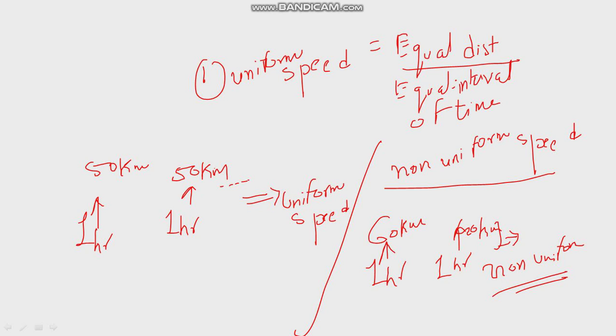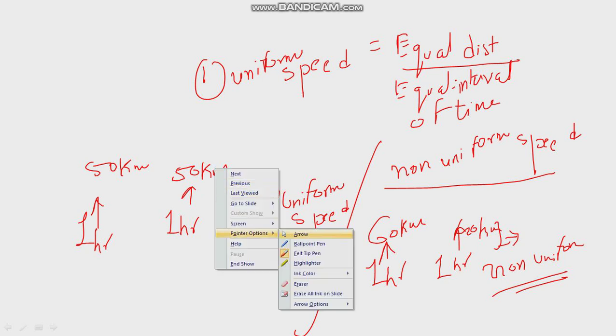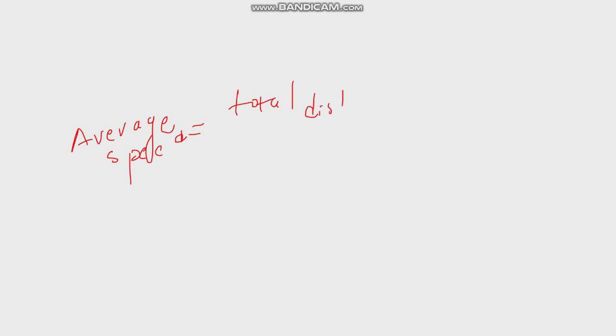The final thing about speed is average speed. Average speed is total distance covered upon total time taken.